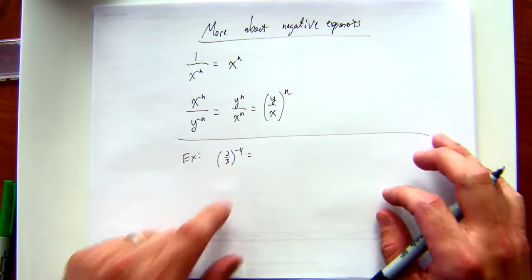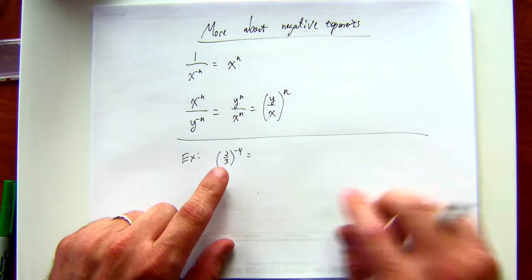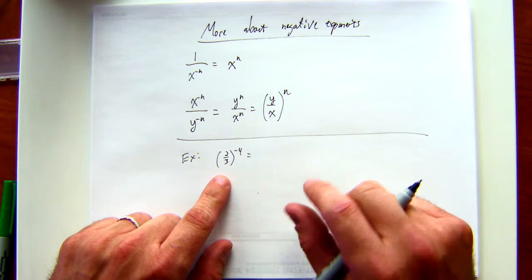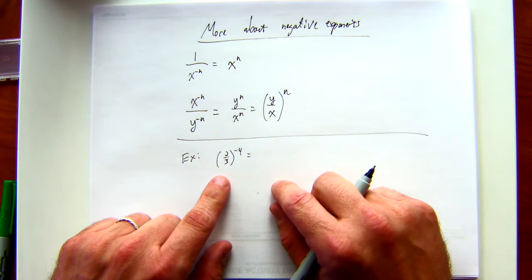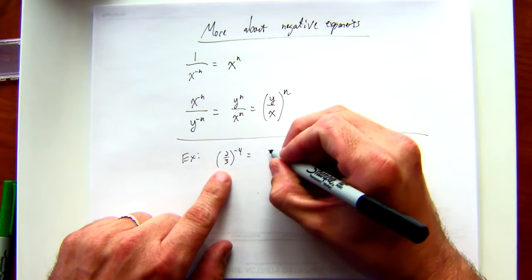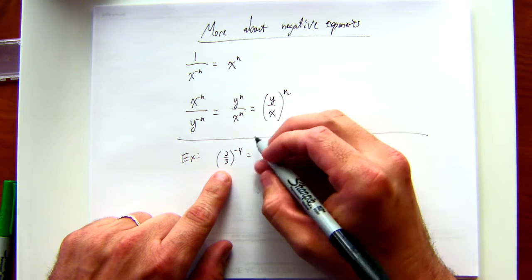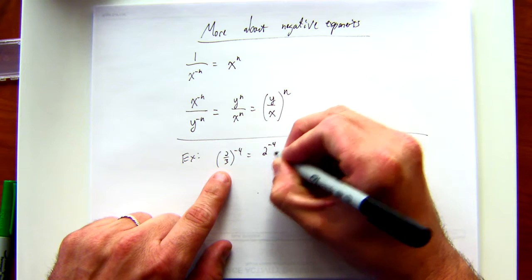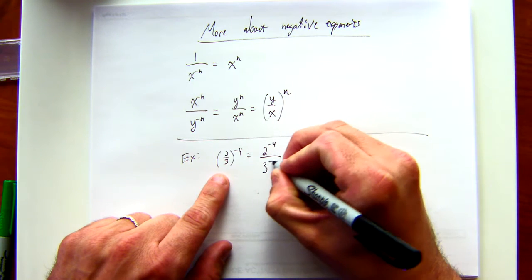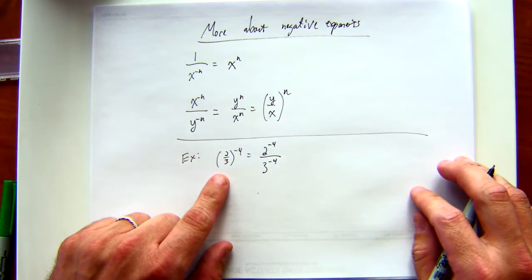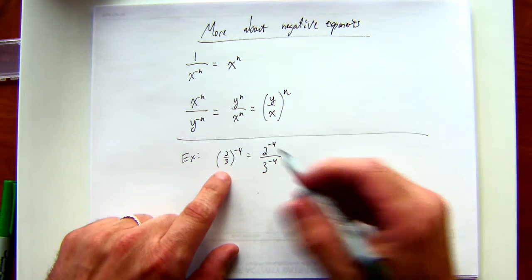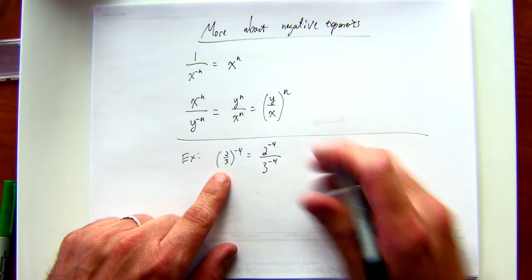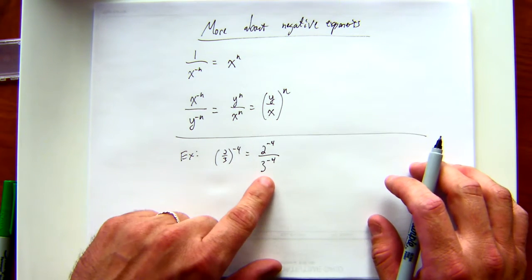I know a lot of people like to do things quickly, and these are deceptively simple, but we really should take the precaution and write out the steps. So again, this means, using one of my first rules, the power of a quotient. This is 2 to the negative 4th over 3 to the negative 4th. I hesitate to say it, but you can sort of think about this as distributing the negative 4th to everything inside, right? Sort of think about it that way.